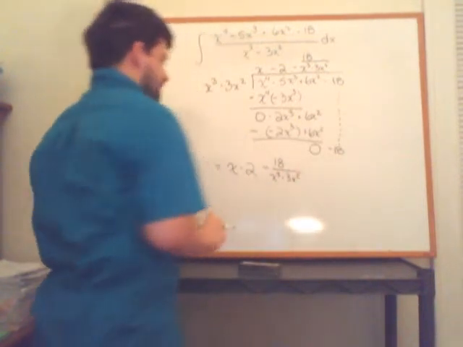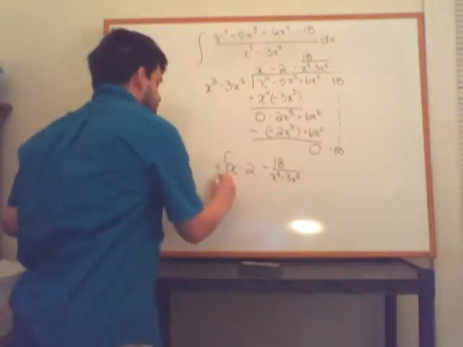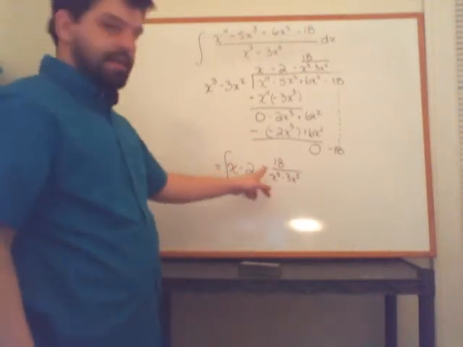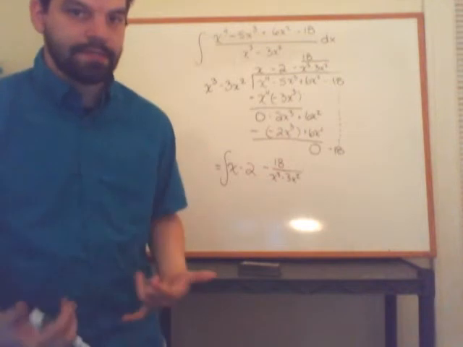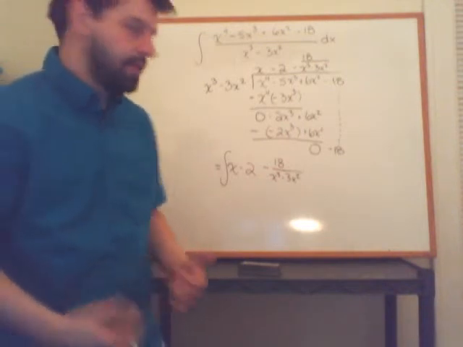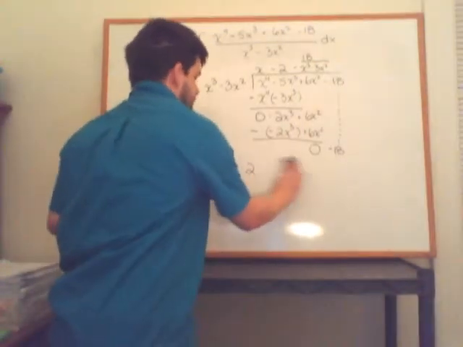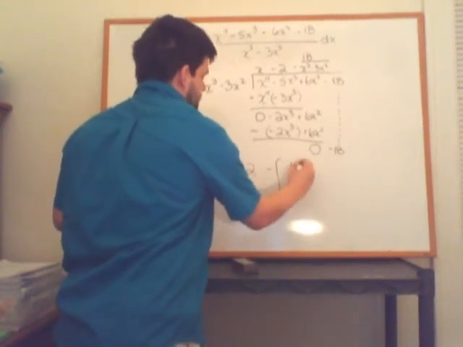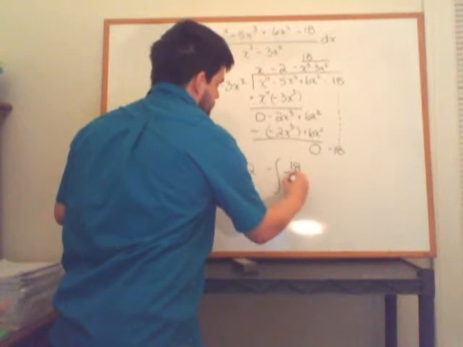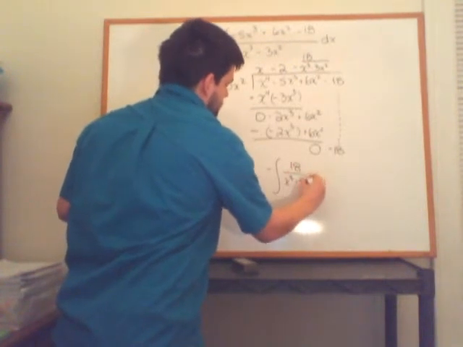Now, what I'm going to call your attention to is, remember, this is still an integral. But because of this sign right here, I can make this two integrals, and that is awesome because it's going to make my life a whole lot easier. So I'm going to represent this as minus the integral of 18 over x cubed minus 3x squared.